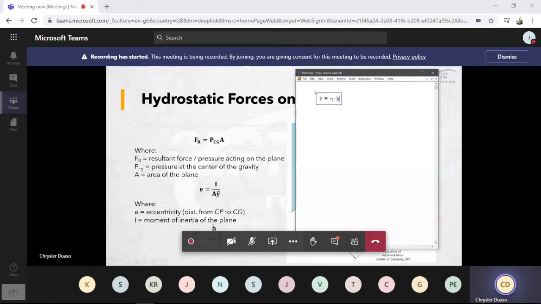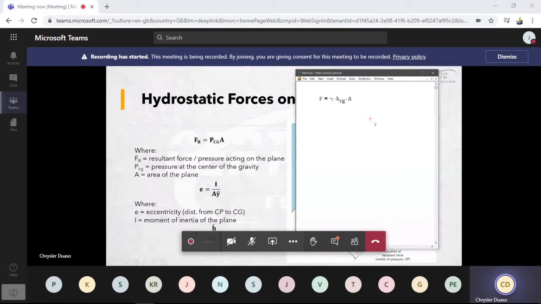You usually see this in review books. Now I am discouraging you from using this formula. Why? Because you will be limited, since that formula is only good for one liquid. What if you have multiple layers of liquid? What will you do? You cannot do that one, right?